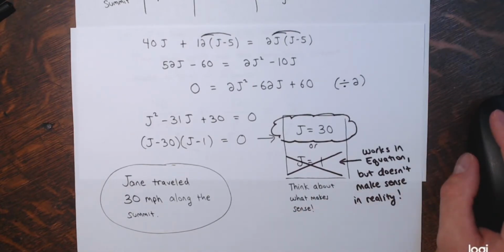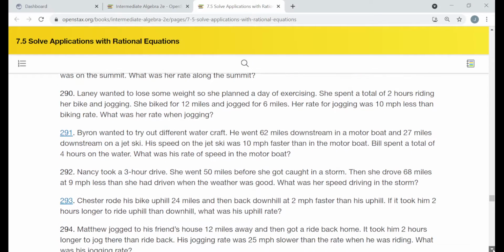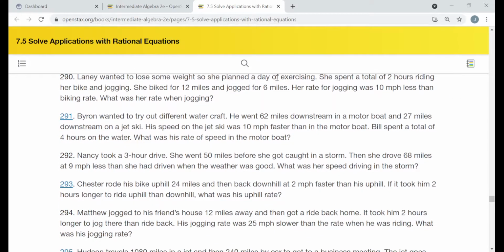The next question, which will be example 6, exercise 290. It's about exercising. So here Lainey wanted to lose some weight, so she planned a day of exercising. So she spent a total of 2 hours riding her bike and jogging. Right?